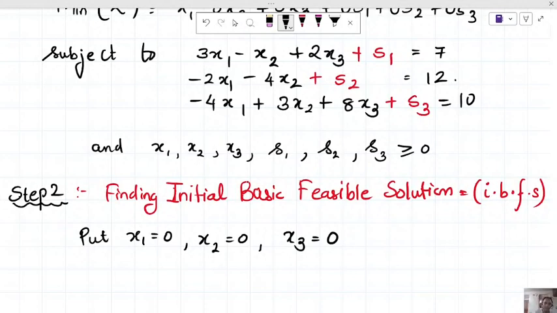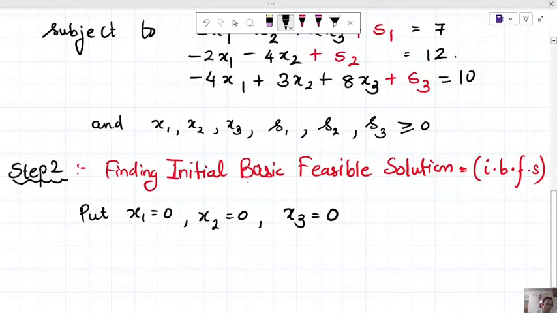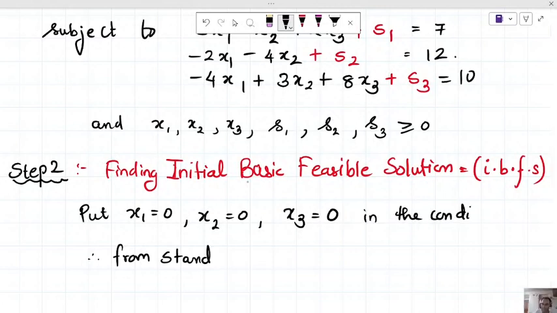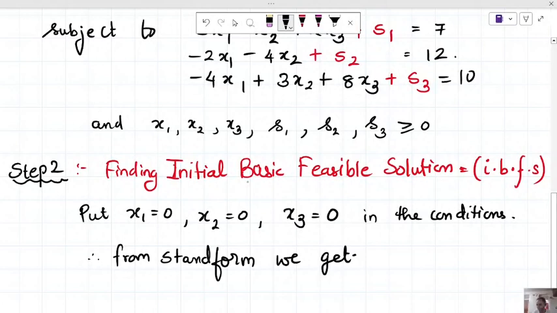Therefore, from standard form, in the conditions, what do we get?